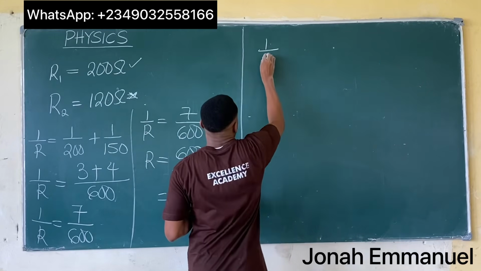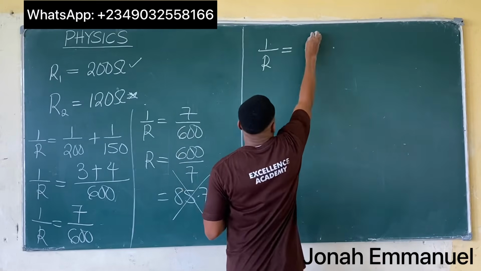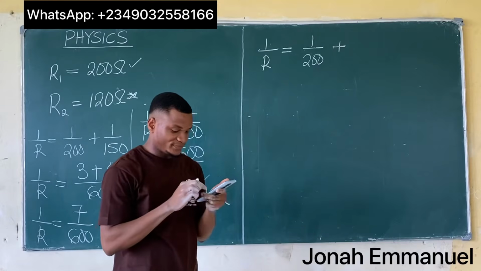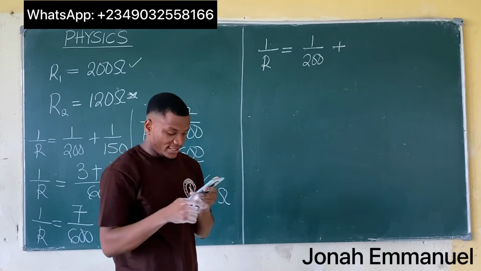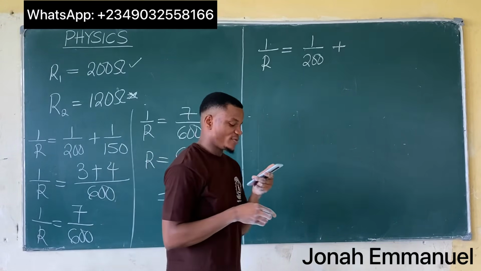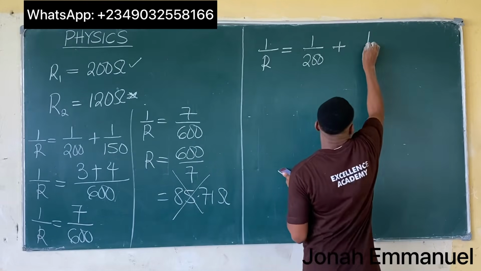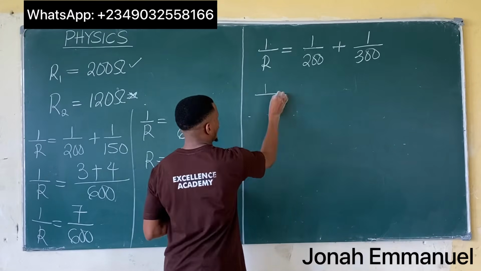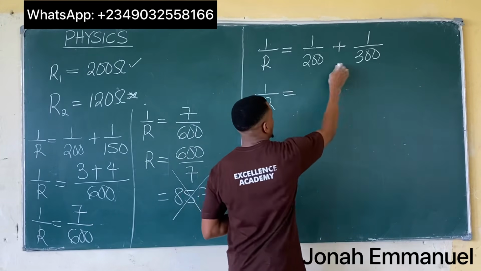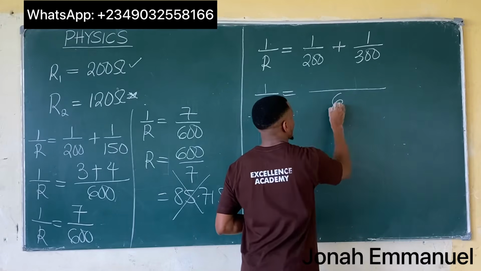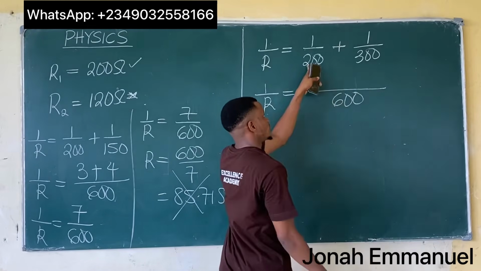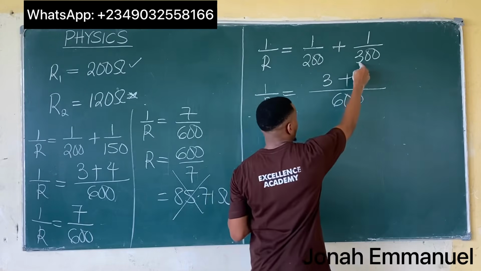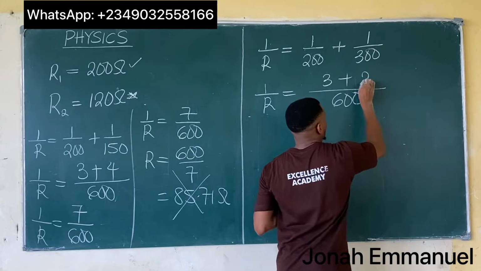Let's confirm D. 1 over R is equal to 1 over 200 plus, for D, they said a 300 ohm resistor connected in parallel. So let's connect 300 in parallel. So 1 over R is equal to, LCM of these two should give you 600. 600 over 200 is 3 times 1 is 3, plus 600 over 300 is 2 times 1 is 2.